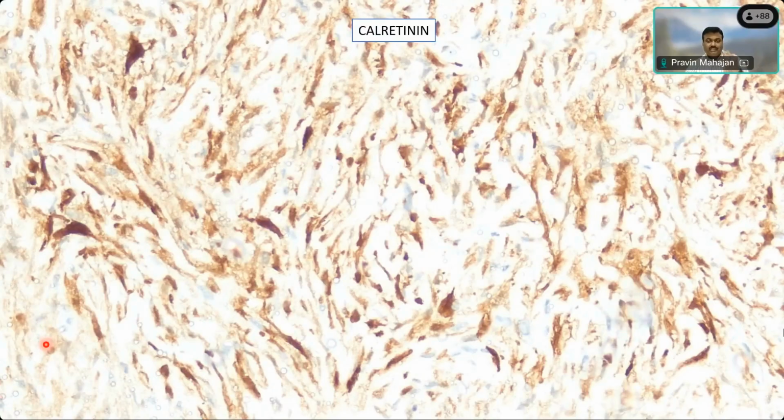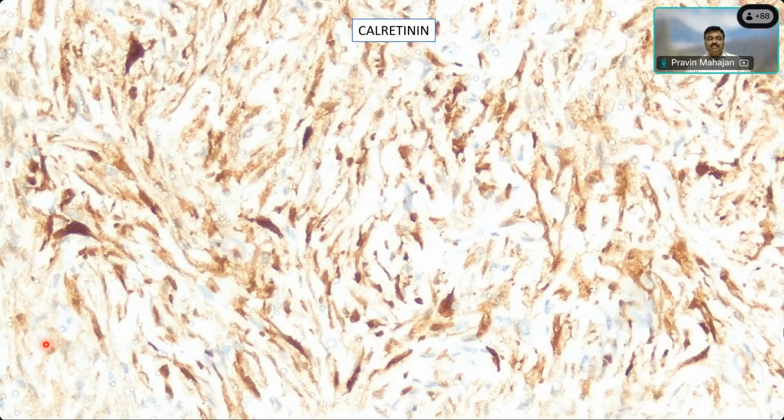Again, I told you, if you have IHC, you don't stop at one marker, because calretinin can often come positive in some carcinomas, like lung carcinomas, and there are other carcinomas also. You will have to do at least two or more to prove that it is of a certain lineage. Let's say mesothelial: with calretinin, you have to do WT1, CK5/6, D2-40. At least two markers should be positive.